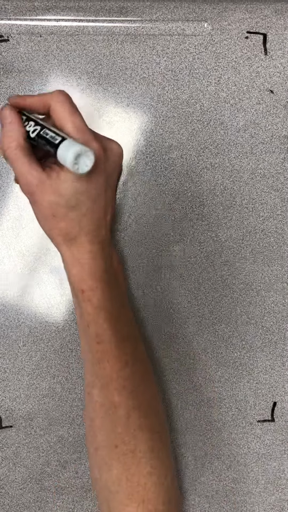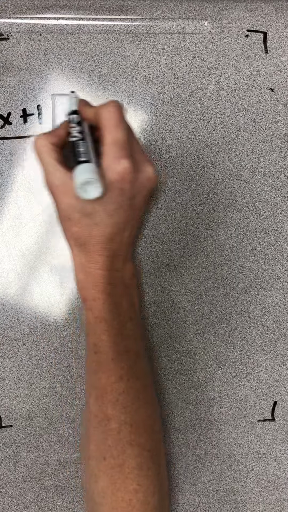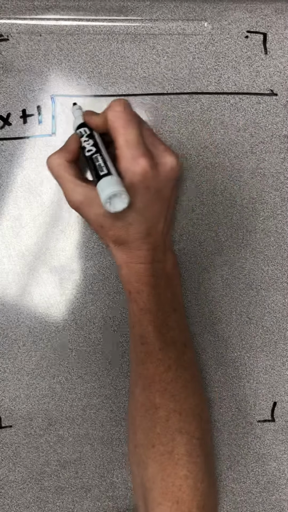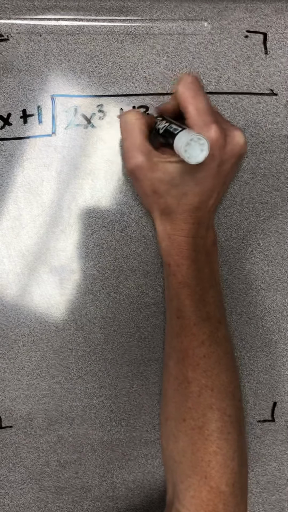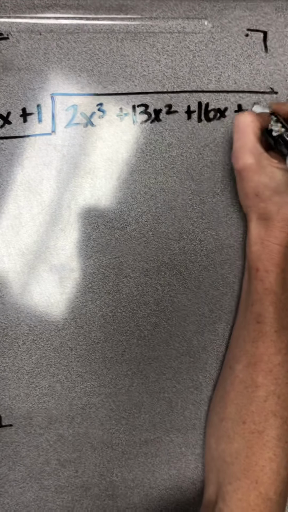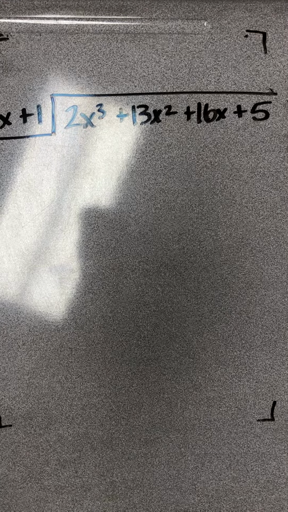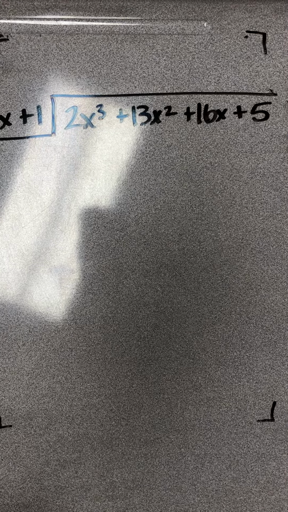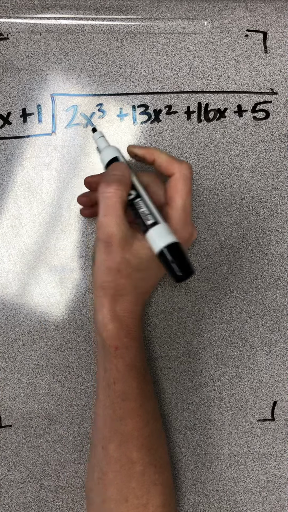which is 2x plus 1 is being divided into 2x cubed plus 13x squared plus 16x plus 5. So just like we did with our numbers, how many times does 2x go into 2x cubed?